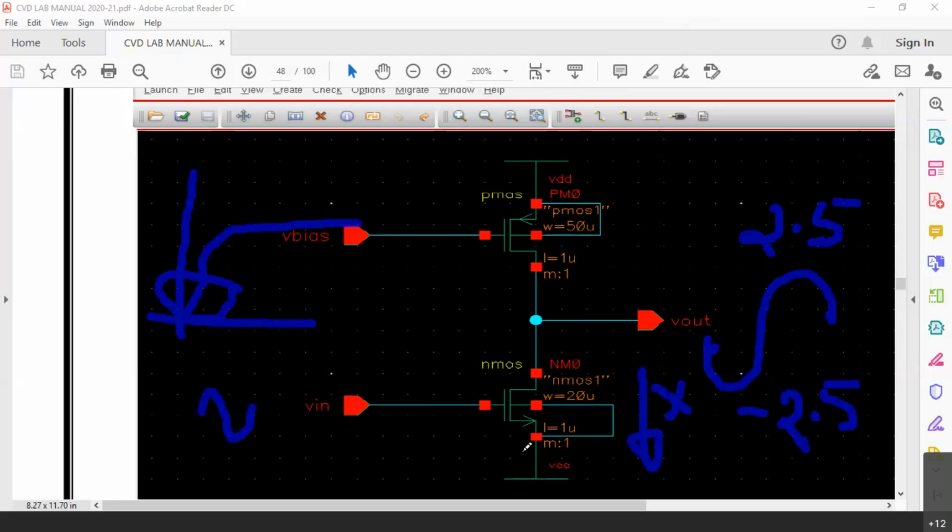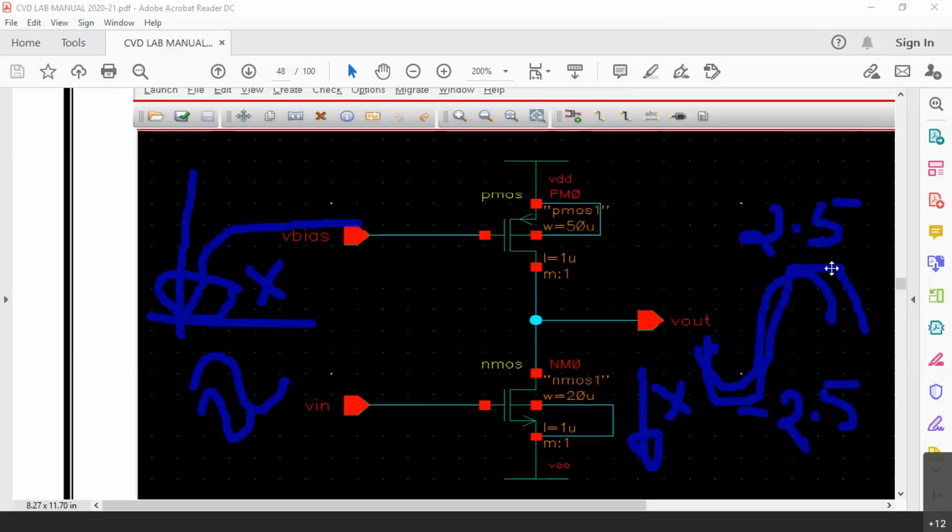In the case of an amplifier, it should not go into deep triode region. In the case of an inverter, it can go. In the case of an amplifier, the switch which we are using should not go into deep triode. If it goes into deep triode, we will have amplitude distortion. In the sense, if the input signal increases in amplitude, instead of a sine wave, you will have a square wave, right?